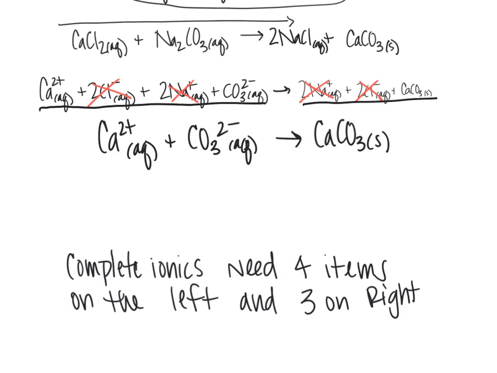So a lot of times students try to break up their polyatomic ions into their many, many parts. Each of these ionic compounds should just break into a cation and an anion. And then your net ionic equation down here should only have 3 entities total.